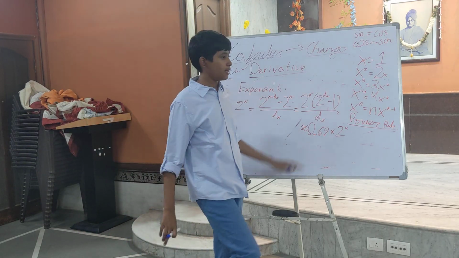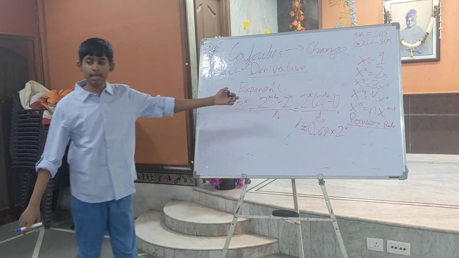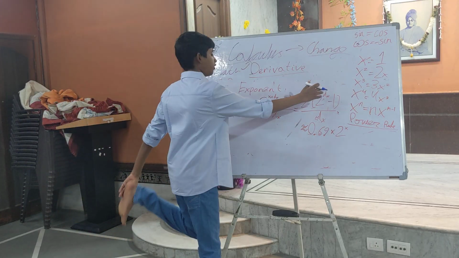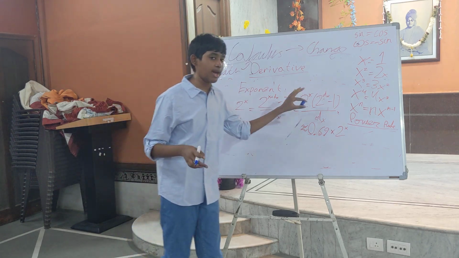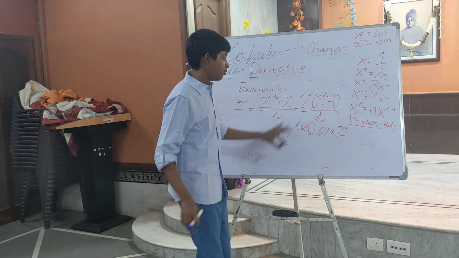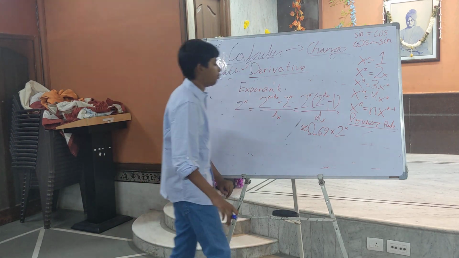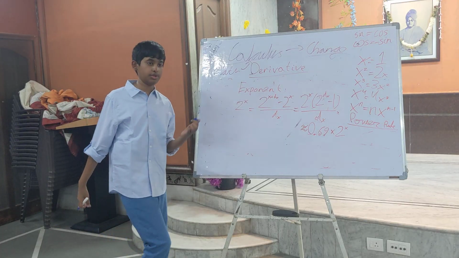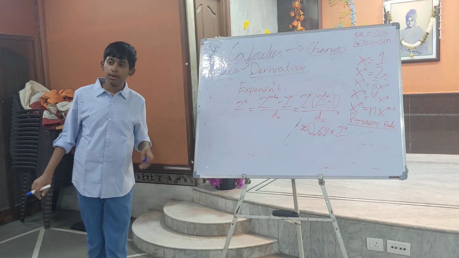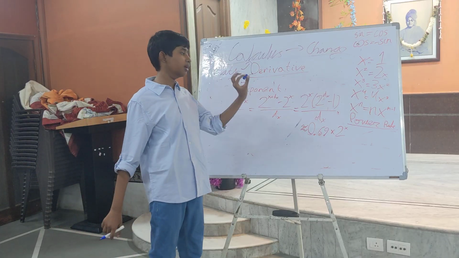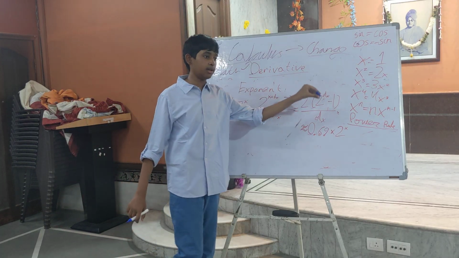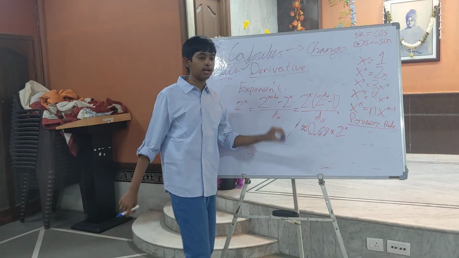You can put 3 here, or 8 here, or any other value here, and you can find what this approaches for very small values of dx. You can find what this constant approaches for many different values.